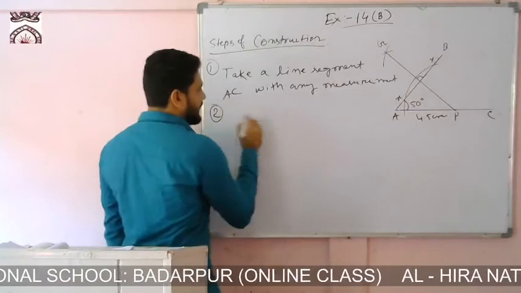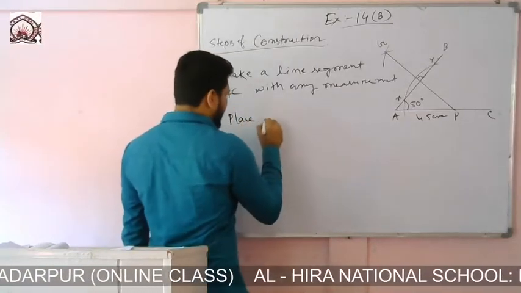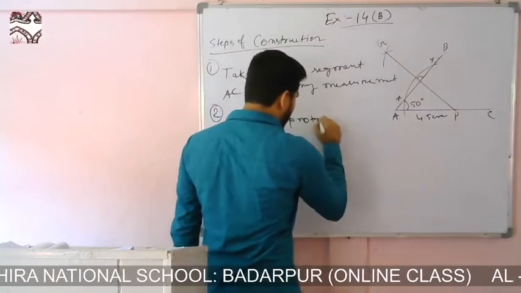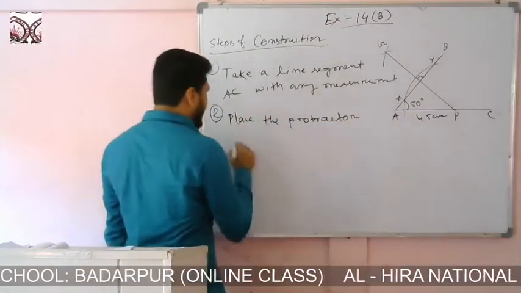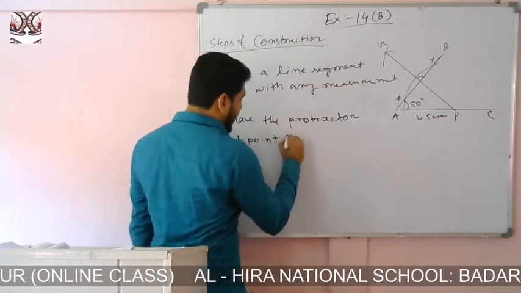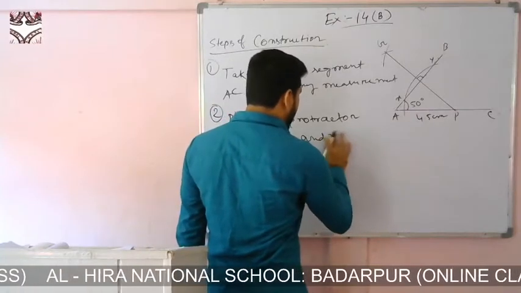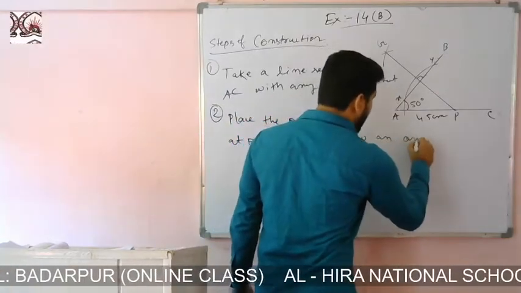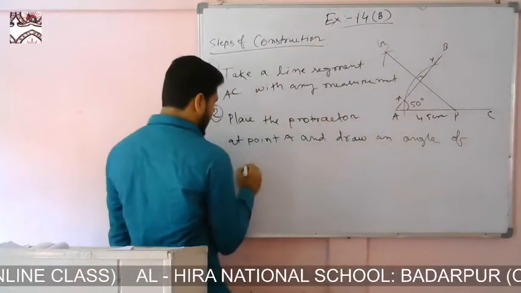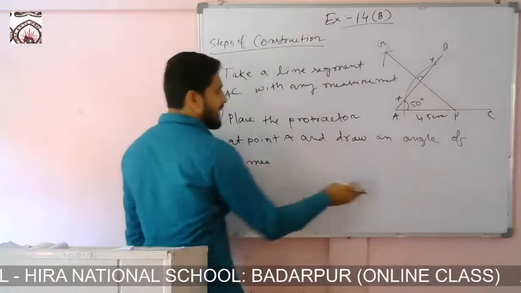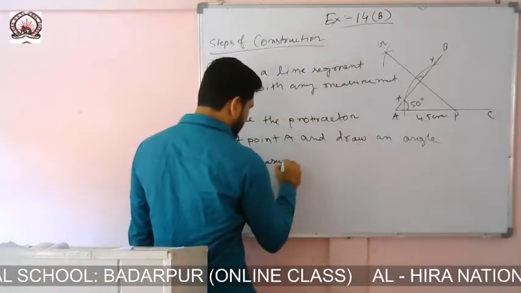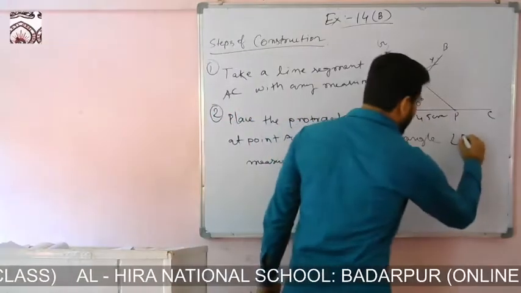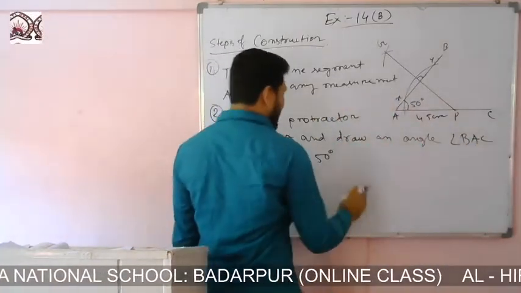Number 2: place the protractor at point A and draw an angle measuring 50 degrees.